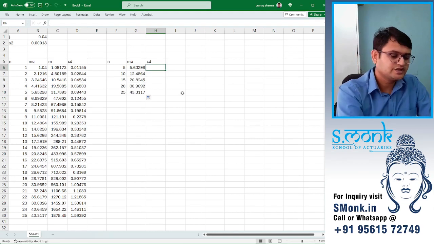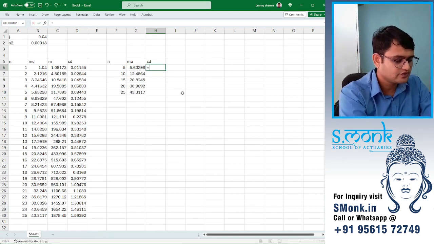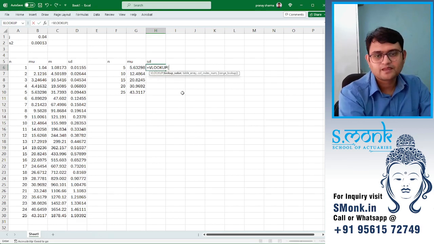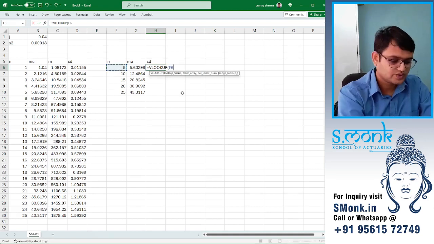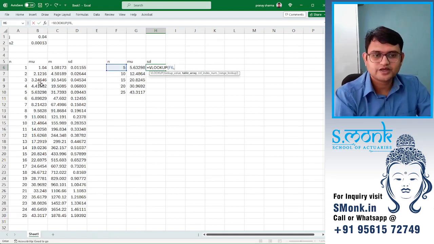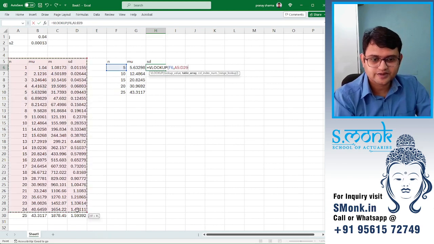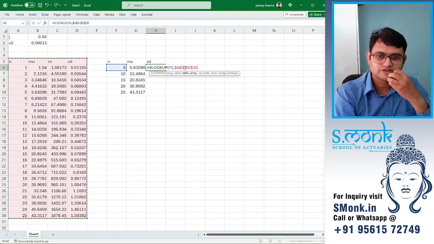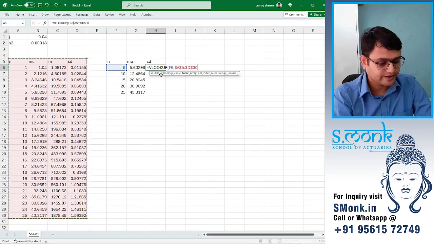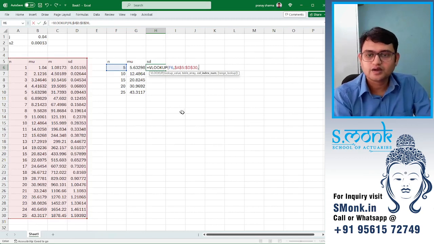And for SD, I'll do the same thing, equal to VLOOKUP. I want to look up this value, comma, from the table array. This is my table array. I want to fix it. I'll press F4 and it will fix both the starting and the end of the table array. Comma. I want the column. I want the fourth column now.